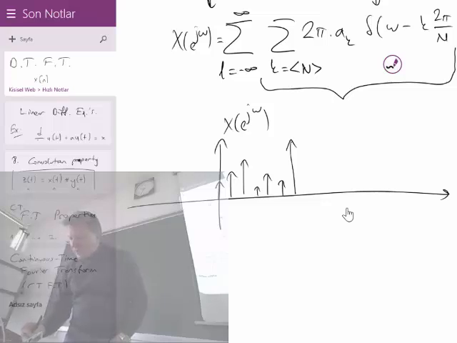You first plot everything. This is 2 pi, this is 0. At 0 you put A0, at 2 pi over 7, or 2 pi over capital N, you put A1. At 2 times 2 pi over capital N, you put A2, and so on. They are all multiplied by 2 pi, of course, 2 pi A0, 2 pi A1, etc.